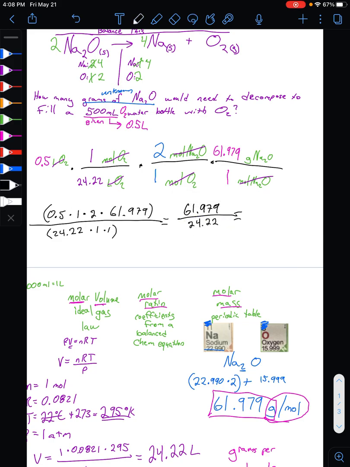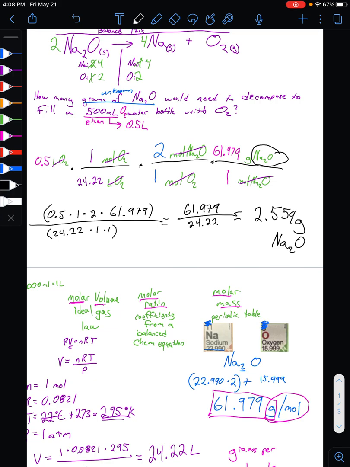That makes sense with my answer. My calculator said 2.559 grams of what? Grams of Na2O.